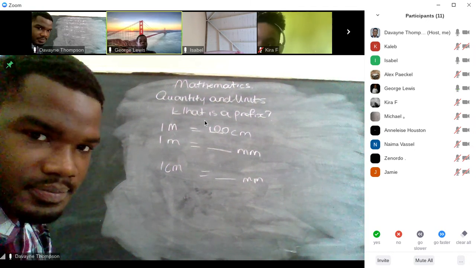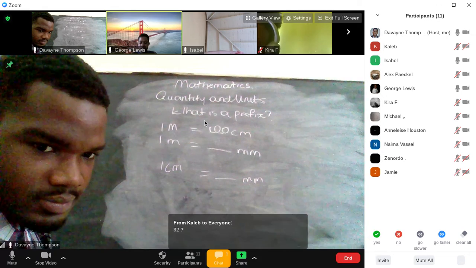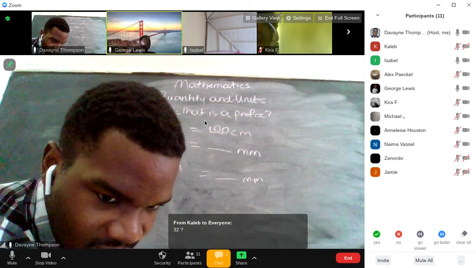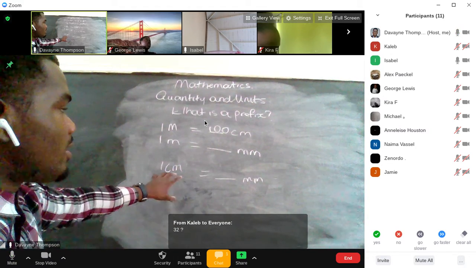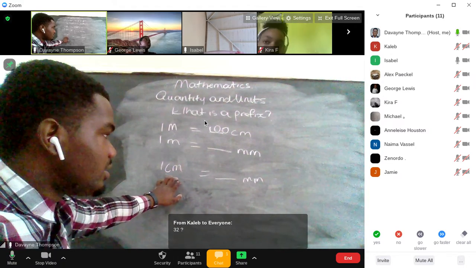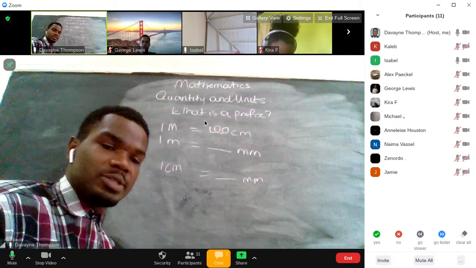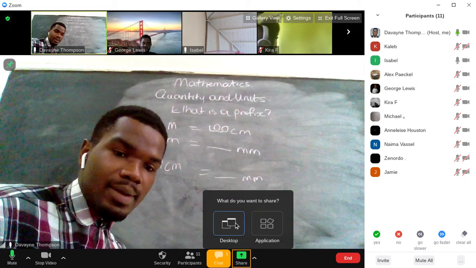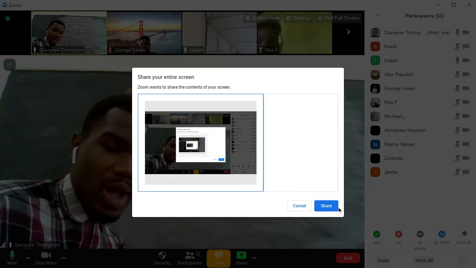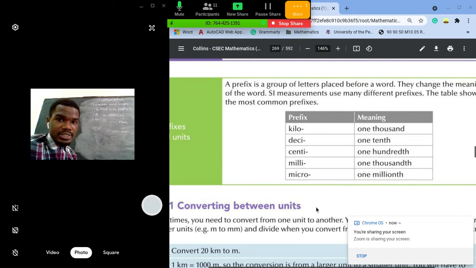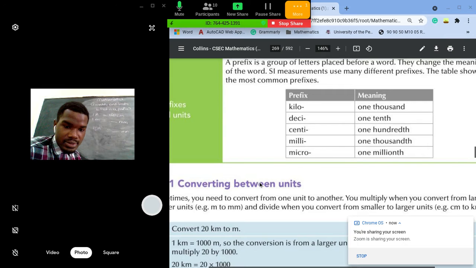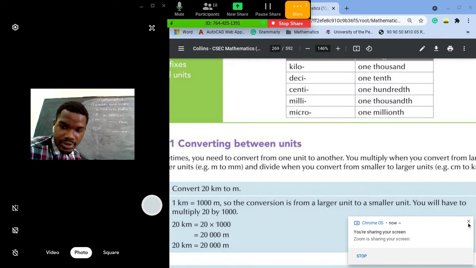Okay, so 1 meter is equal to 1,000 millimeters. Let's see how we got that. Let's learn about converting between units, because a while ago, George answered the first one and he got it correct. But in order to get the next ones, we're going to learn how to convert.